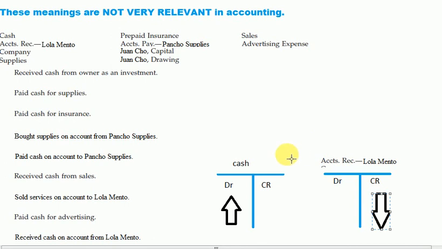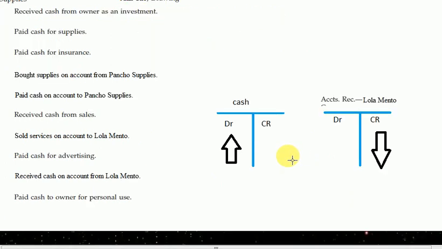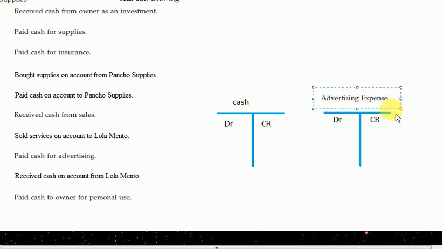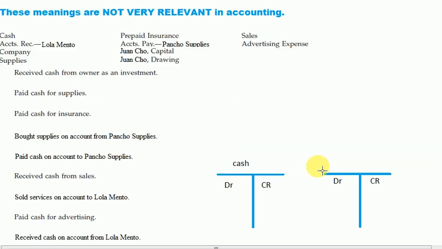Okay. The last transaction we have is the one right here. It is pay cash to owner for personal use. Cash is involved because you see the word cash. To owner for personal use. Owner has the right to take money out of the business or to take any kind of asset out of the business.